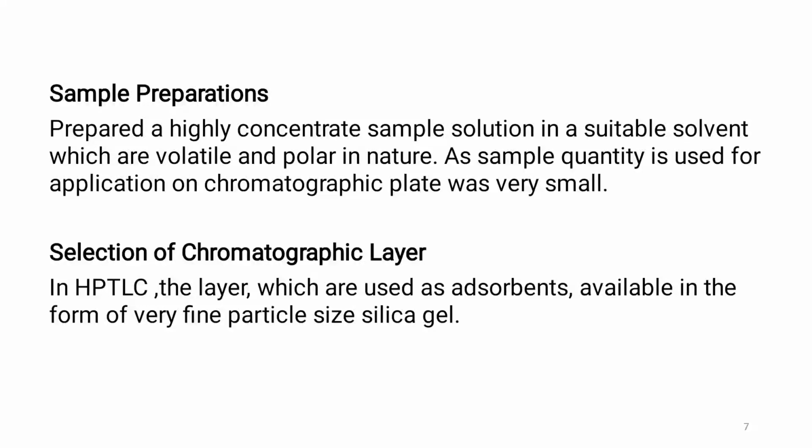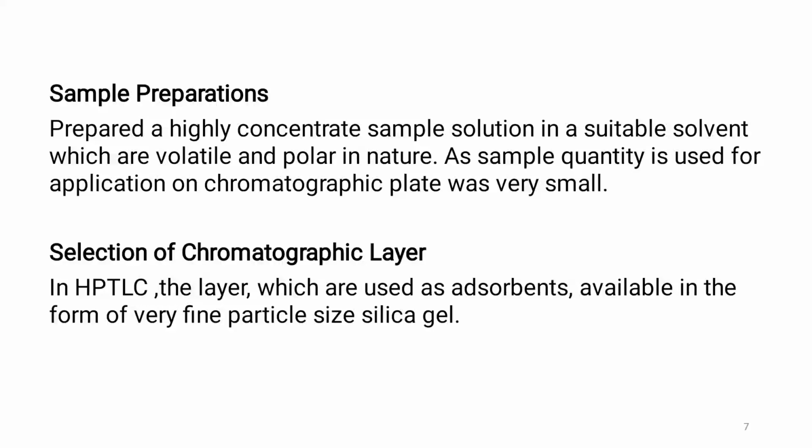The next component is the selection of the chromatographic layer or the stationary phase. The stationary phase or chromatographic layer is an aluminum sheet coated with a uniform thin layer. In HPTLC, the adsorbents used are available in the form of very fine particle size.